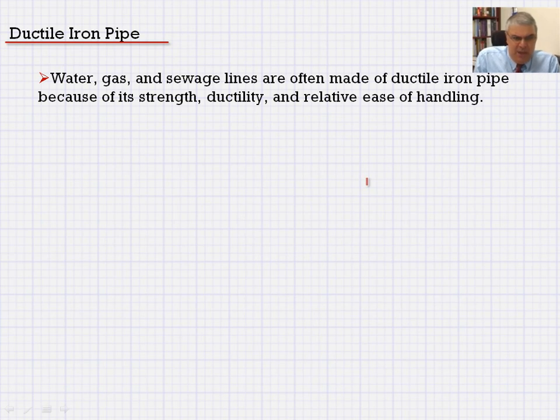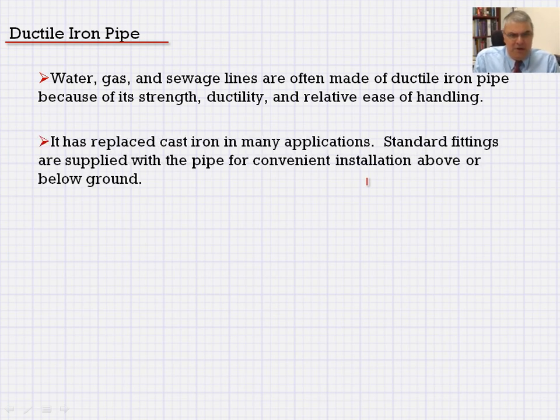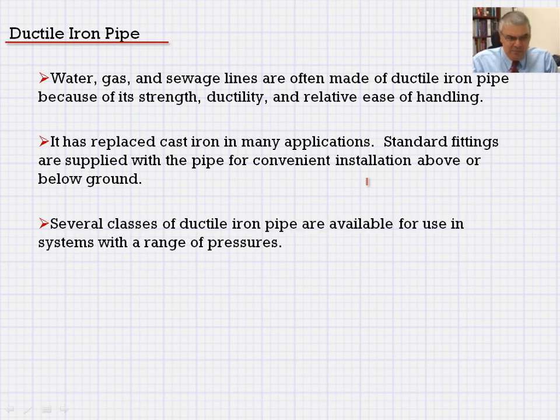The third type that we're going to discuss here is the ductile iron pipe. Water, gas, and sewage lines are often made of ductile iron pipe because they're strong, because they're ductile, and they are relatively easy to handle. The methods of building them, installing them, and working with them are already developed.